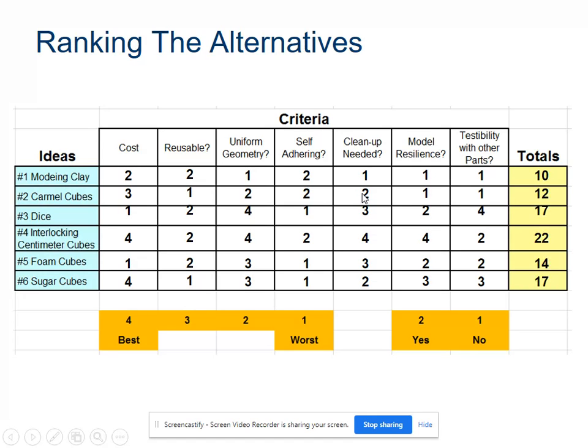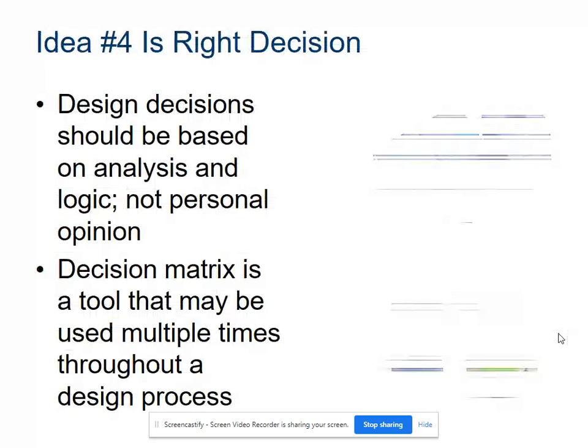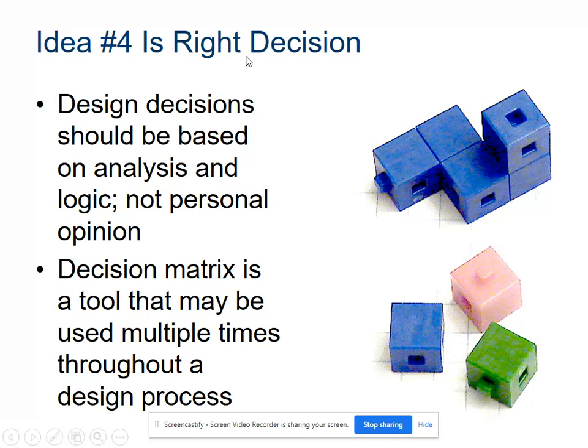Now, once you got that done, then you add it up straight across. So what's got the best score? Well, modeling clay is a 10, caramel cubes are a 12, dice are 17, the interlocking centimeter cubes are 22, foam cubes are 14, and sugar cubes are 17. So what's the best one? One with the highest score. So number 4 is the right decision.